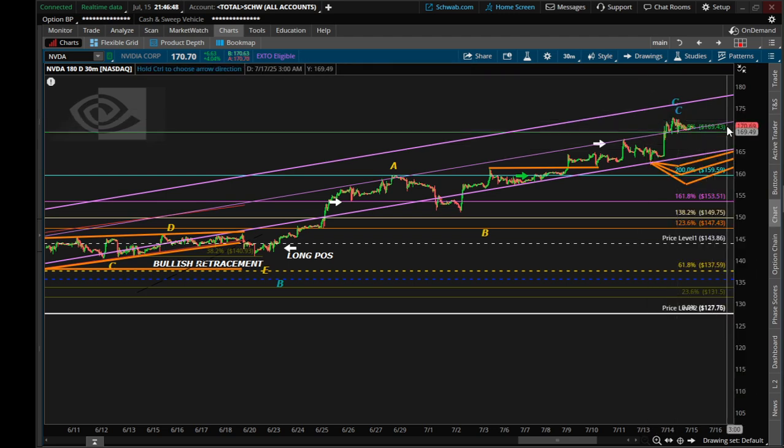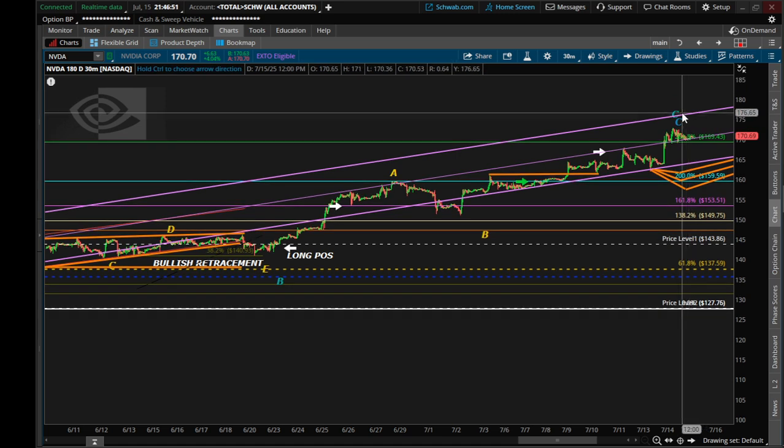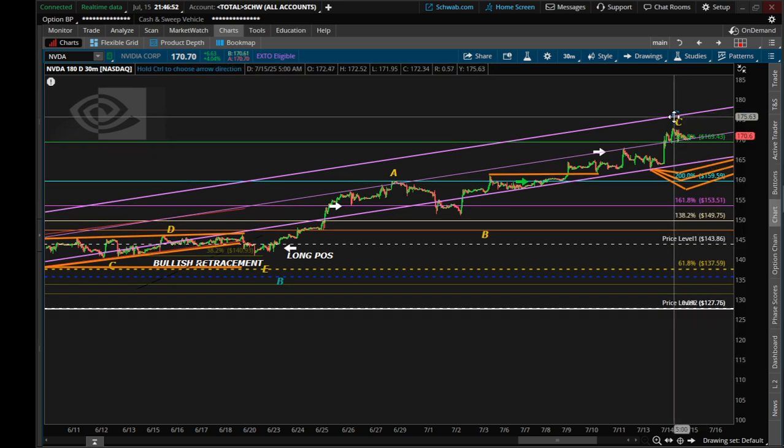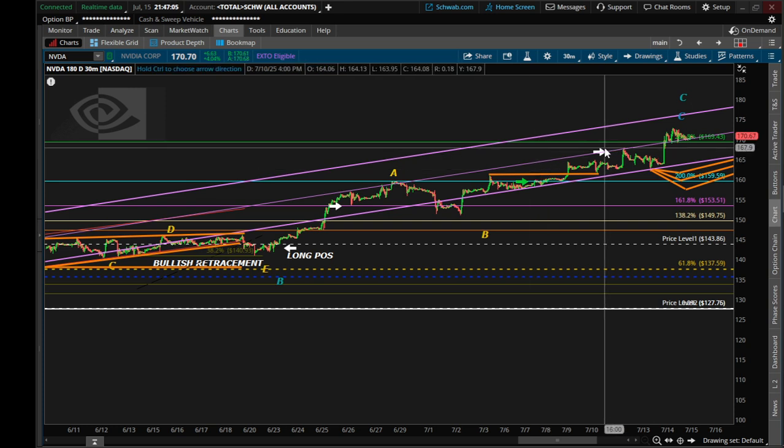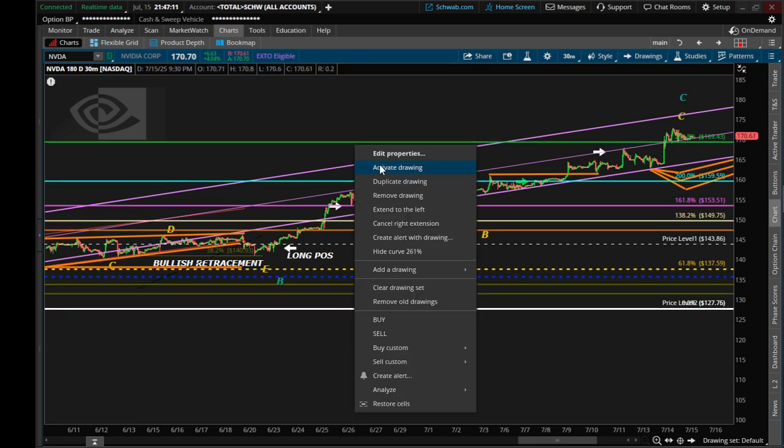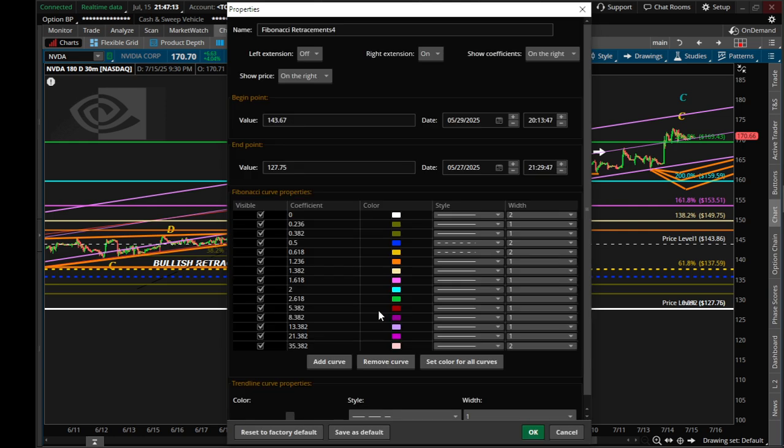so isn't it going to hit the next target? And that's a great observation. And the answer is yes, it could. So the next target past the 261 would be the 300%. But let's see here. What do I have here for the next one?